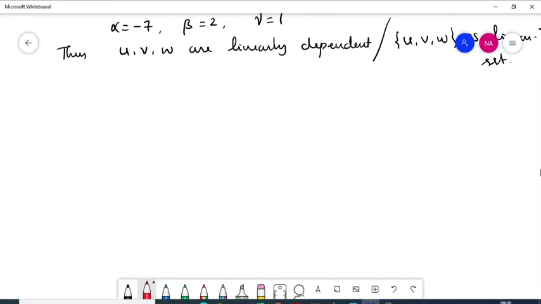B: 1 2 5, 1 3 7, 1 2 5, 1 3 7, 1 minus 1 minus 1 in R power 3.